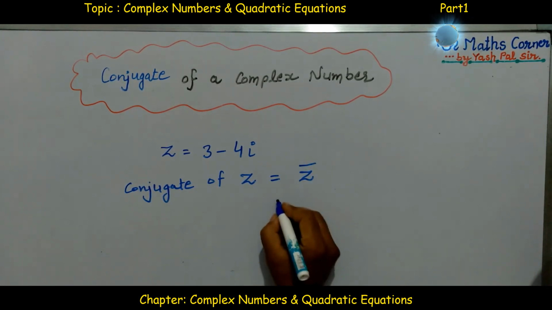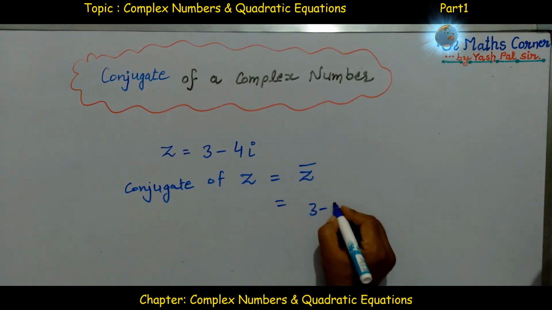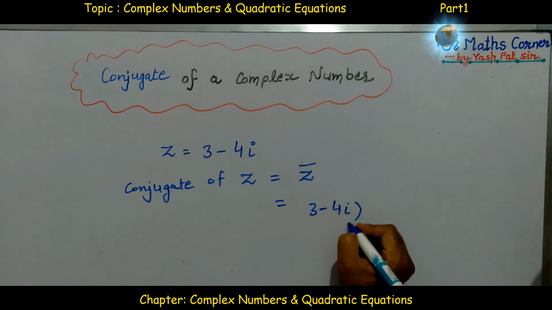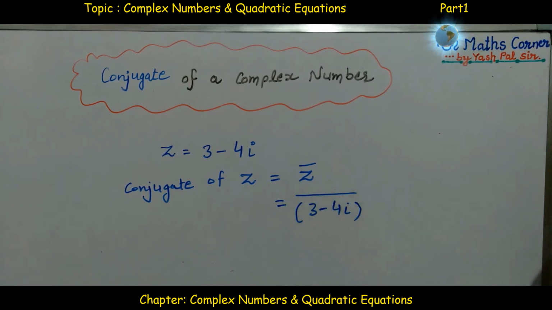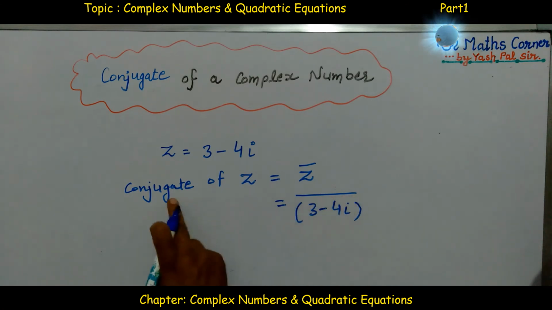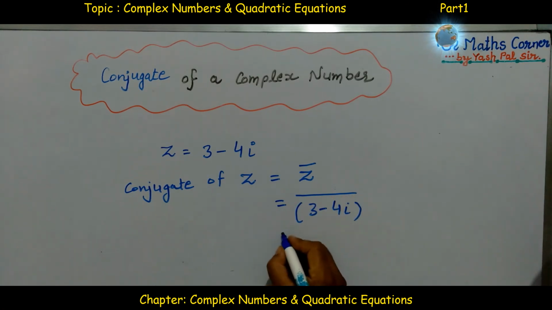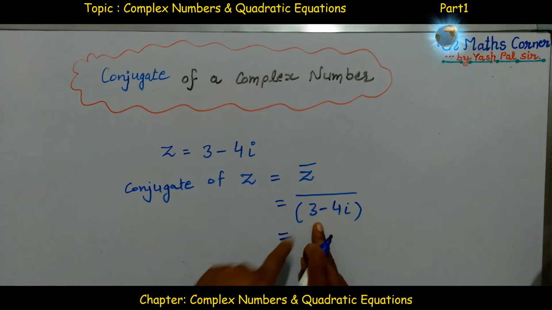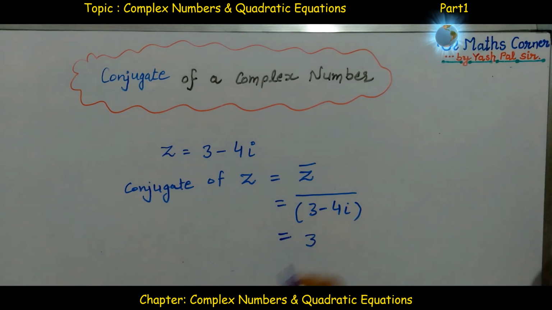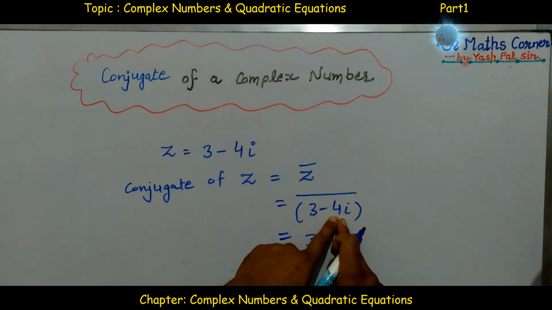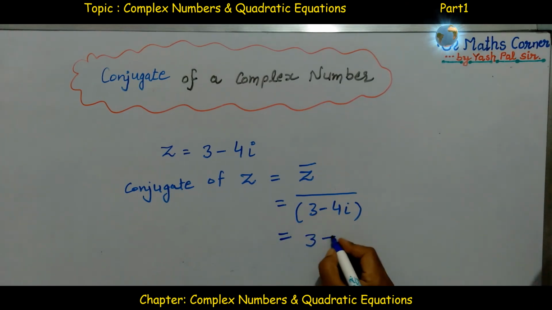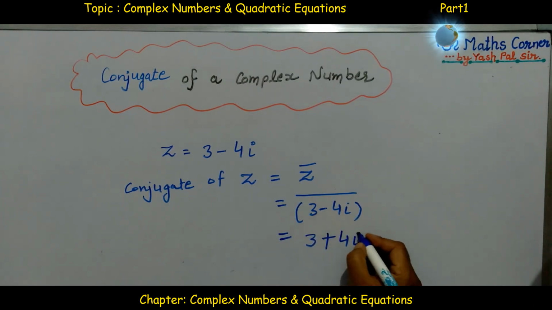This means 3 minus 4 iota with a bar. This is the symbol for the conjugate of the complex number. How to solve this? In the real part there is no change, but the sign of the imaginary part is changed. If this is minus 4, this becomes plus 4 iota.